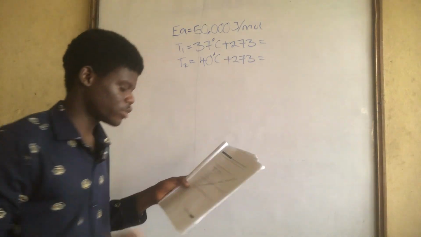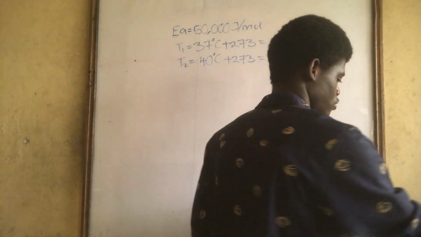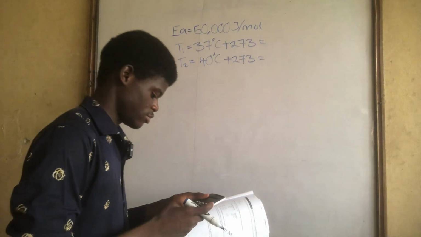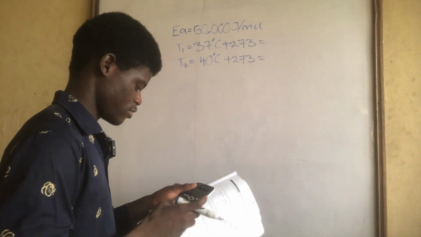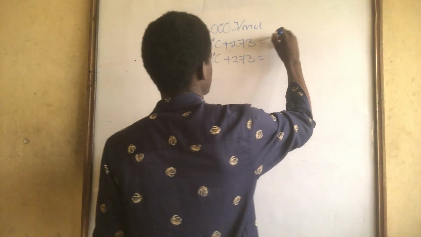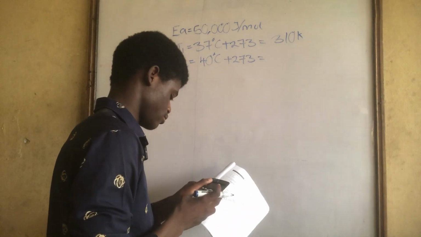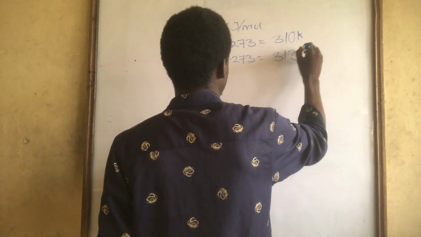So they're asking us by what factor is K2 greater than K1. It's just like what we did earlier. Let's calculate this. This one is 310 Kelvin, and this one is 313 Kelvin.